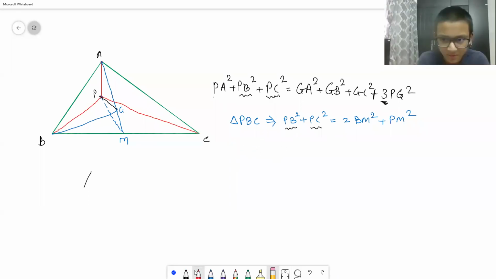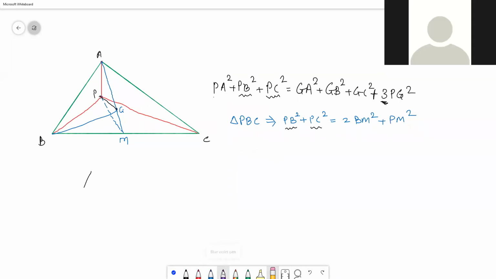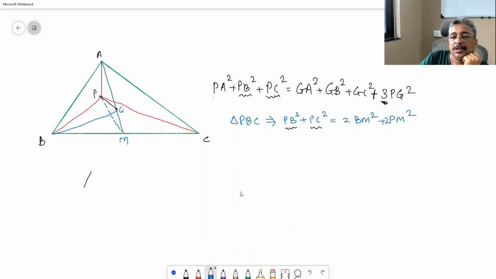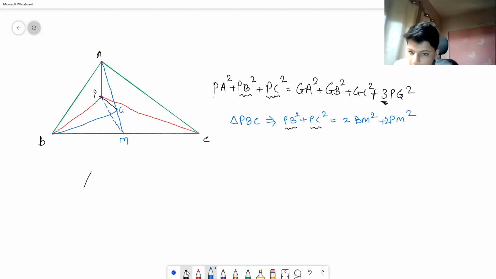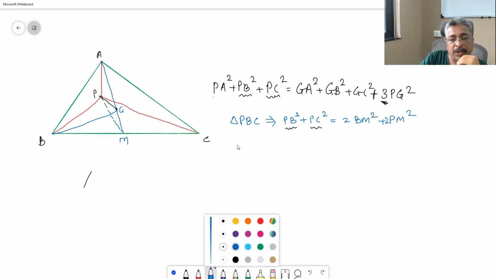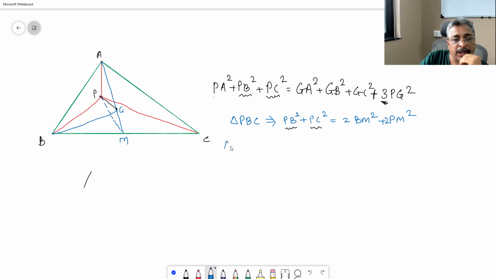In the first equation, it should be 2PM square. So I was making a mistake. Correct.